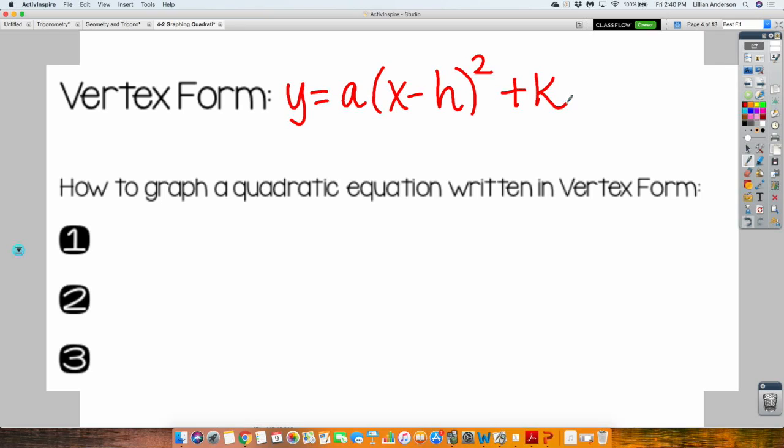Now the reason why it's called vertex form is because when you're given an equation in that form, you're basically also given the vertex, okay? Your vertex is whatever is in the h spot and whatever is in the k spot, okay?